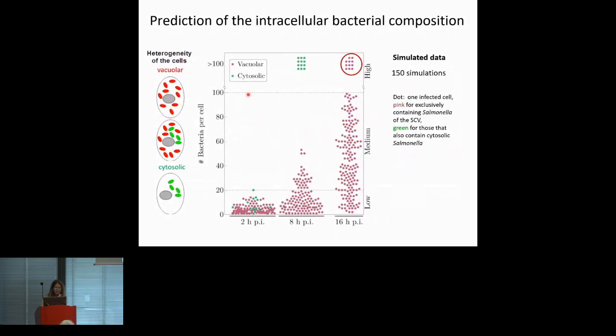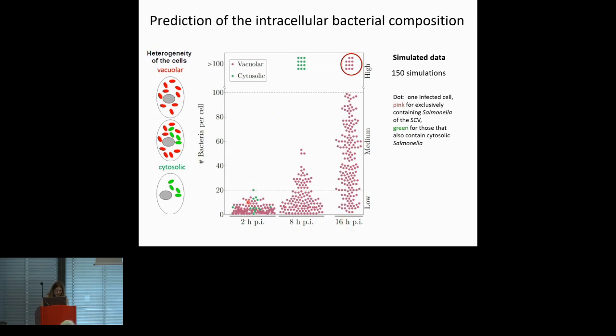Based on that, we predicted the intracellular bacterial composition. So first, I would like just to tell you about the heterogeneity of the cells. Each cell can only contain vacuolar salmonella or cytosolic salmonella or both. And we simulated the system 2 hours post-infection, at 8 hours post-infection, and 16 hours post-infection.